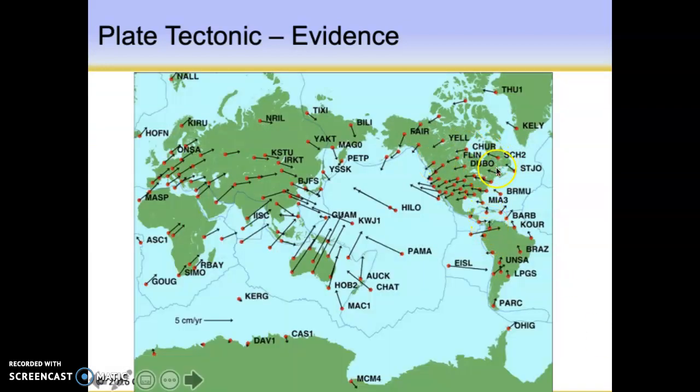You can see that North America is kind of rotating a little bit. You can see that the Pacific Plate is moving, and the length of the arrow represents how fast the motion is. So the Pacific Plate is moving relatively quickly to the northwest, and that actually matches up with the pattern that we see in the volcanoes on the islands of Hawaii.